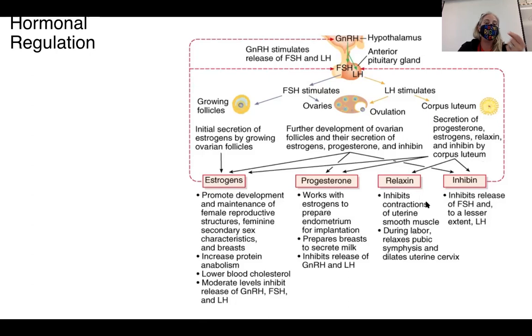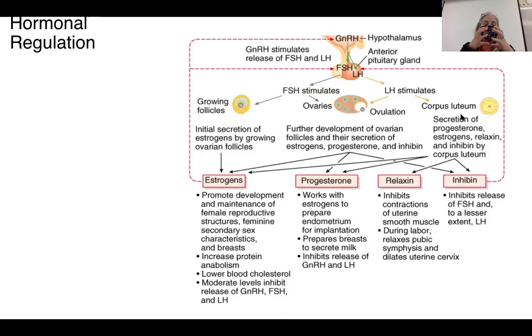Every month during your period, if you're female, on day 1 or day 2, you get cramps. That's contractions of your uterus moving the endometrial lining along to get rid of it. And so you normally will have uterine contractions every month. Well, you don't need to have uterine contractions if you have an embryo that's trying to implant itself in the side of your uterus. And so you release relaxin that inhibits that.